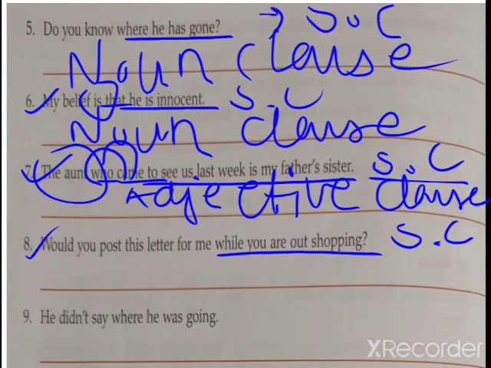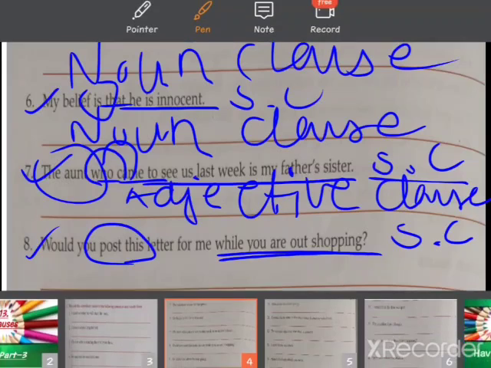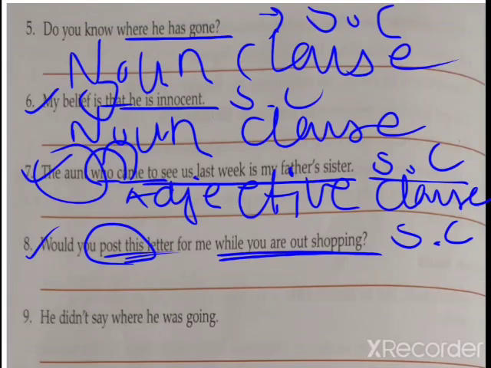What is the action this person is talking about? Post this letter while you are out shopping. So here, post this letter. So it's known as an adverb clause. It's saying about the action.